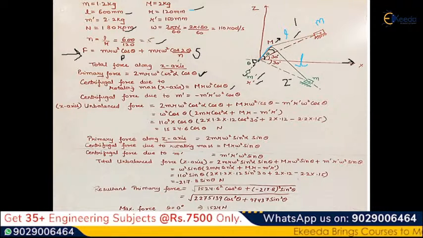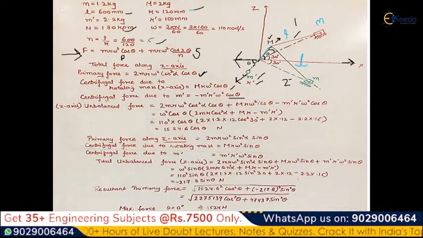Its horizontal component is in the direction opposite to the centrifugal force produced by the crank mass at the crank pin. So this is negative of m dash r dash omega square, and along the x-axis it will be cos theta.